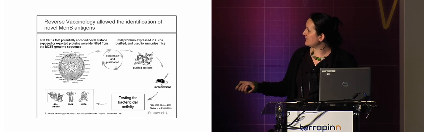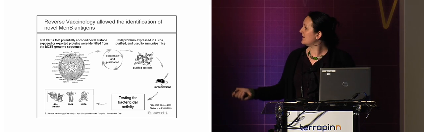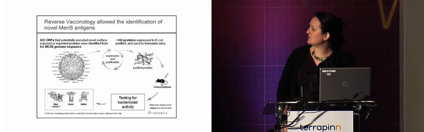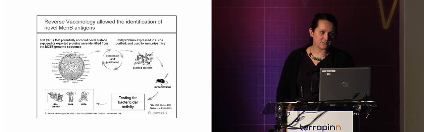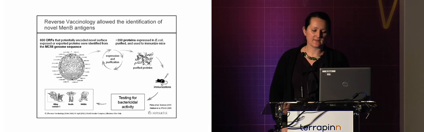Following this, 350 proteins were successfully expressed and purified from E. coli, and these were used to immunize mice. The mouse sera was then used to confirm the surface localization of the proteins by flow cytometry. More importantly, the sera was tested for its bactericidal activity.